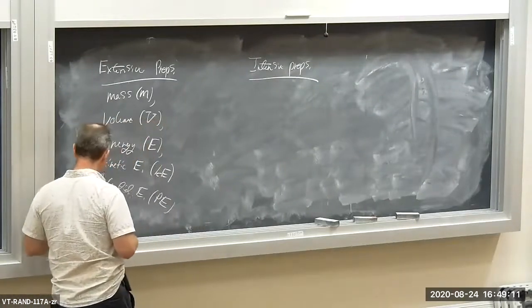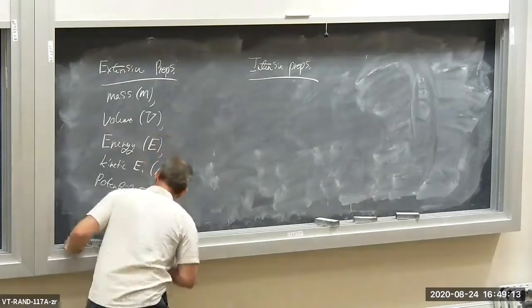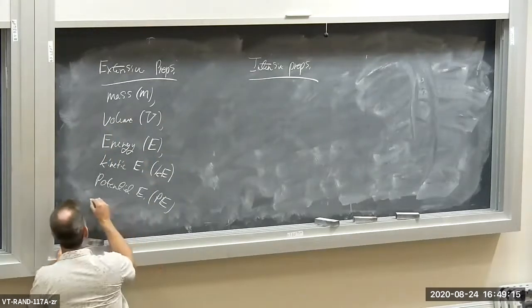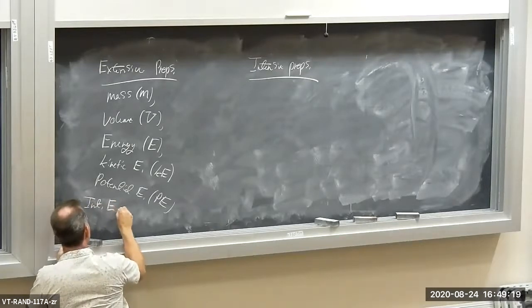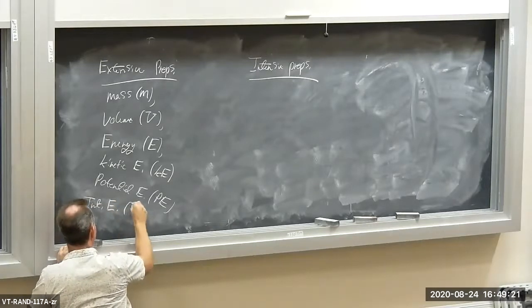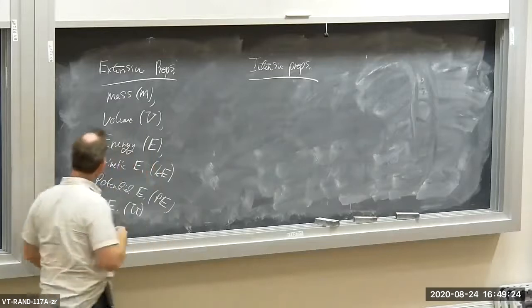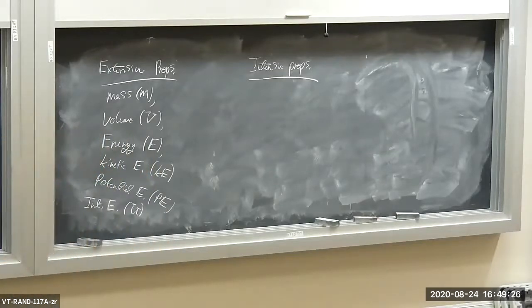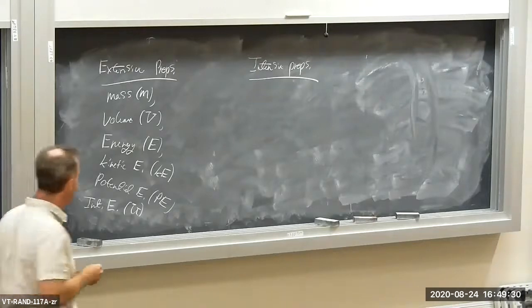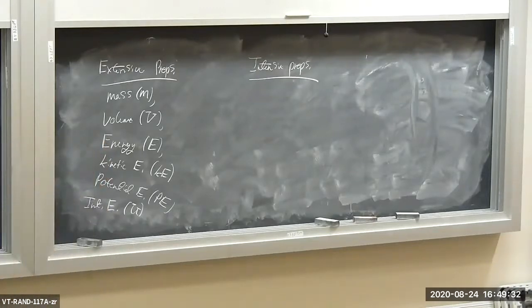It's energy that's related to the temperature of the system. So internal energy, capital U, is also an extensive property. All those things depend on the size of the system.